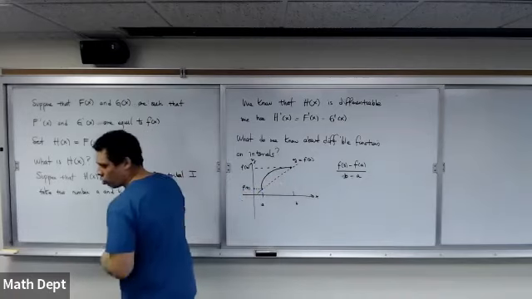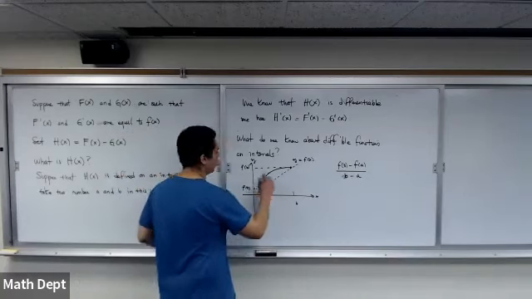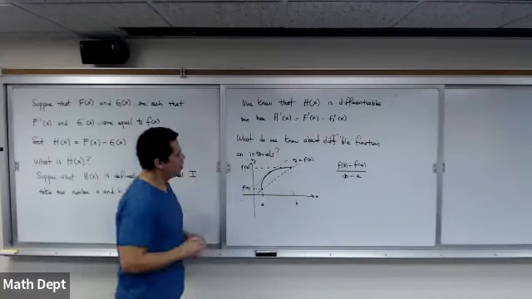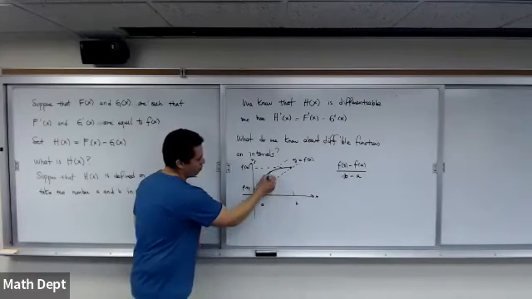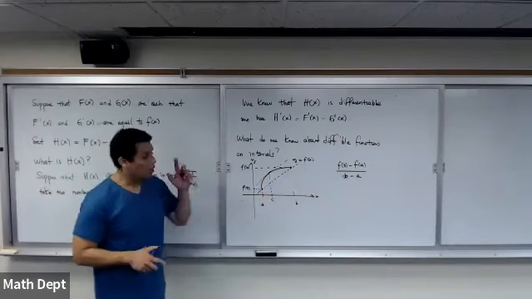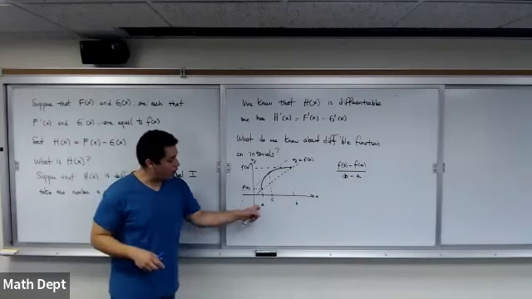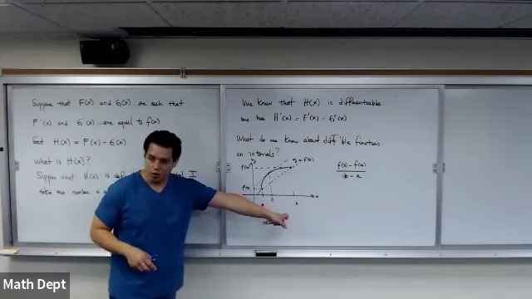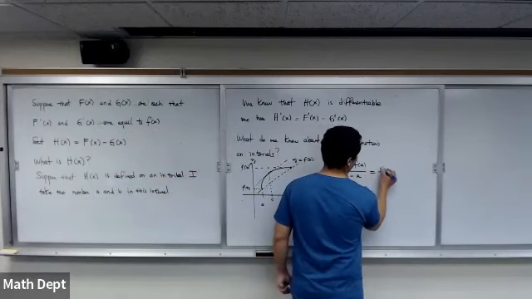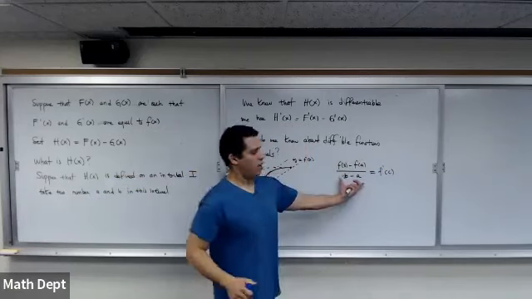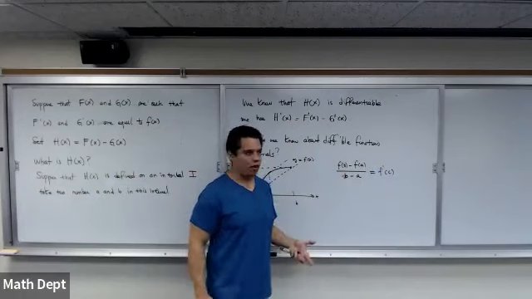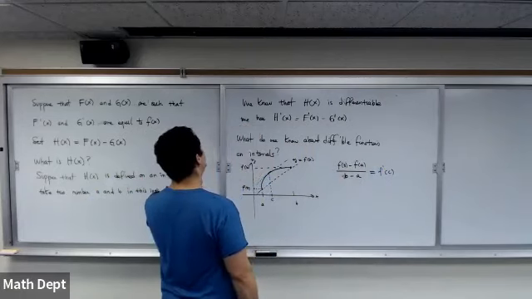I'm going to use a different color. Hopefully, it will be showing up in the picture and in the video feed as well. So I'm going to give that a different name. I'm going to call this C. So what this is saying is that we should be able to find another number C in that interval, for which the derivative at that C is equal to this quotient. And that is the statement of the mean value theorem.